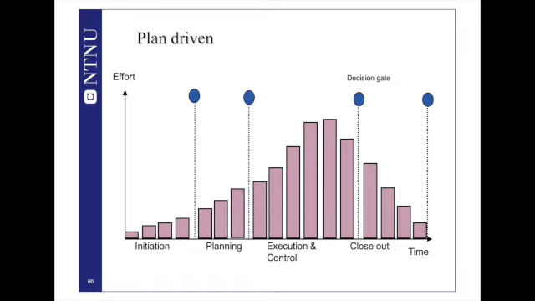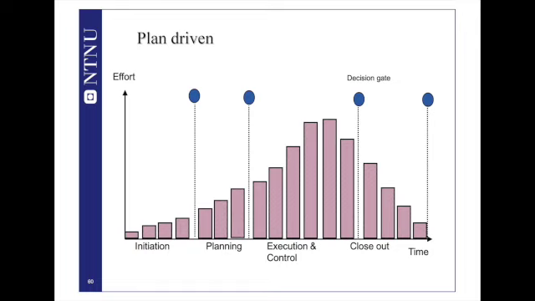And then you start execution, you put your resources, you put your efforts, and at the same time, you run some sort of control here, making sure that you are following your plan. And then when you approach the end of your project, you start closing out, closing contract, delivering, testing, and evaluation.